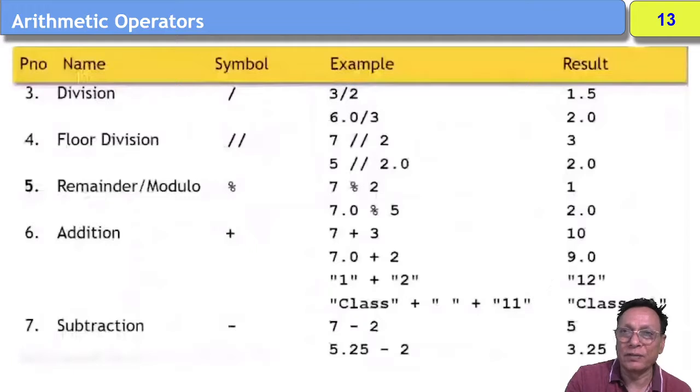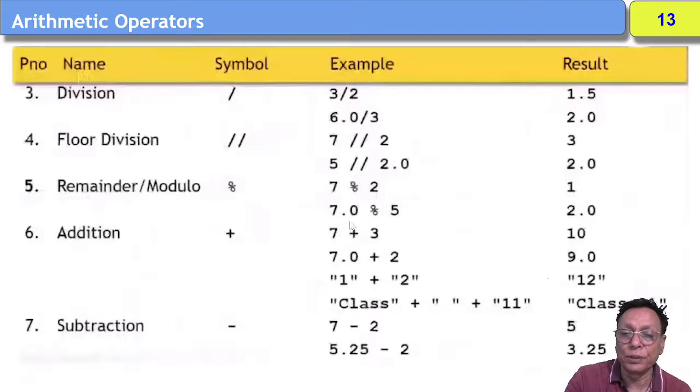The number which is not divisible is the remainder. So 3 times 2 gives you 6. You are dividing 7 by 2, so 3 times it is divided completely, but 1 is the remainder, and that is why it gives 1.